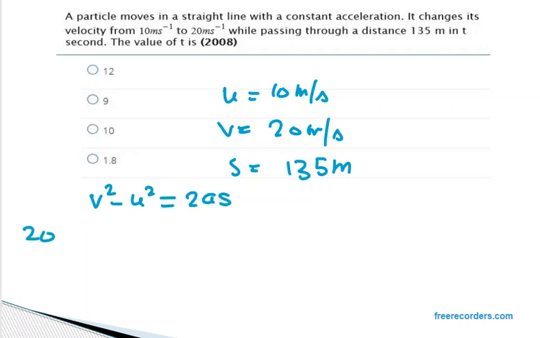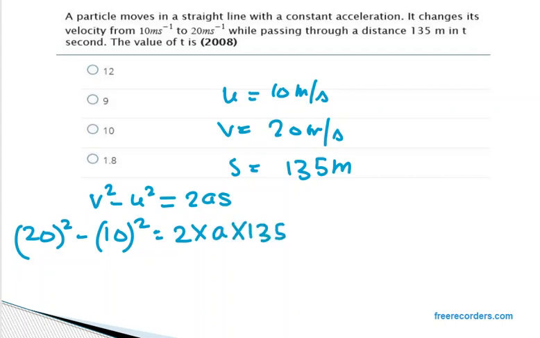So v is 20, u is 10, 2 is as it is, a is unknown to us, and s is 135. So 400 minus 100 over 135 into 2 is 300 over 270.